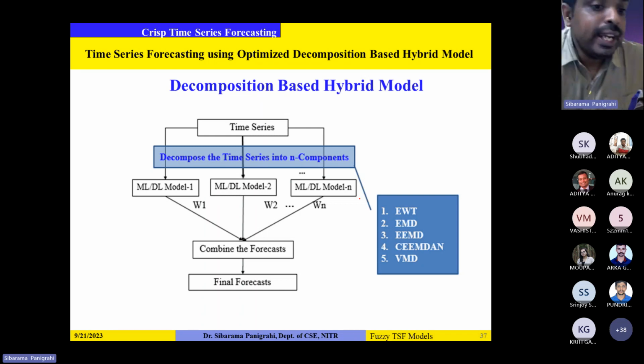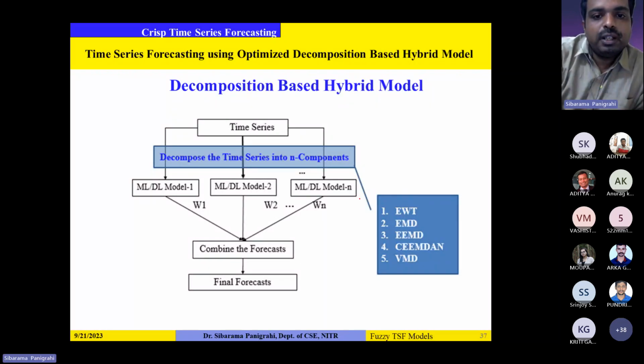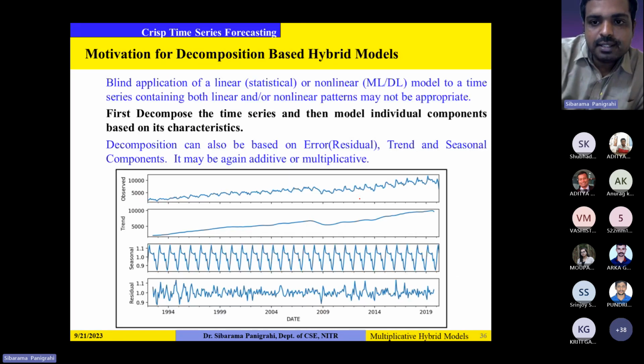Then on the individual components, which are called intrinsic mode functions, we will optimize the deep learning or machine learning models. Then we can combine the forecasts of different models on the individual intrinsic mode functions to get the original forecast, right?